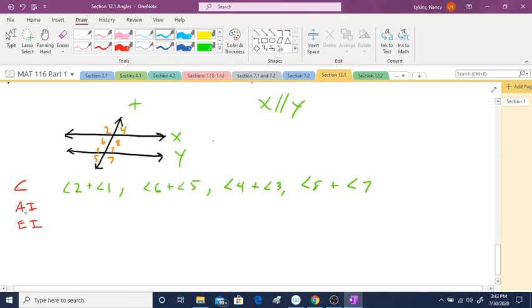Now, alternate interior means if I look at that 6, what is across from 6? The 3. What about the 1? It's the 8.